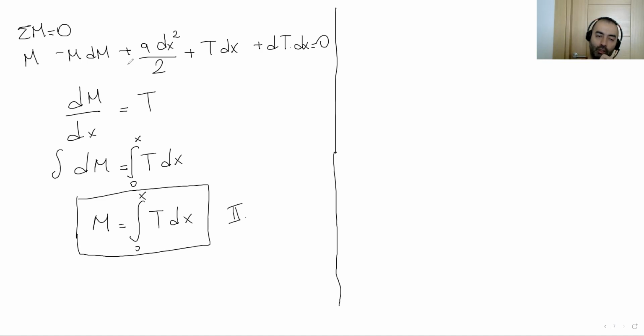If I have the shear force diagram, I can calculate the area under this diagram and add this area to the start point's moment and get the other points' moments. So we will use this method in our calculations.